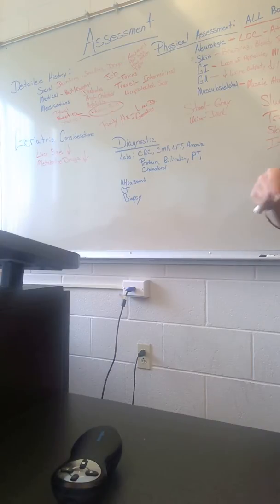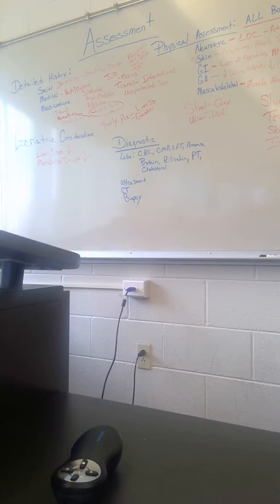All right. Let's see if I missed anything on there. Oh, one of the other things is we can see in males, we can see gynecomastia. And one of the other neurological things that I forgot to say were their recall is poor, but their abstract thinking is even worse.